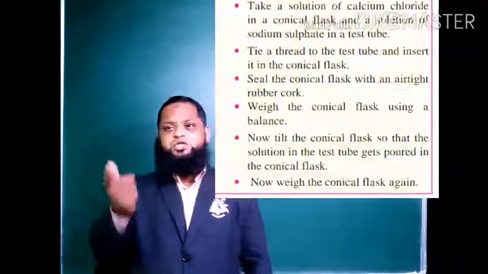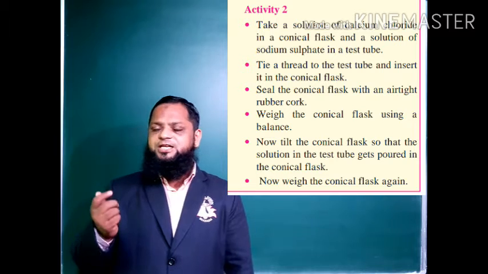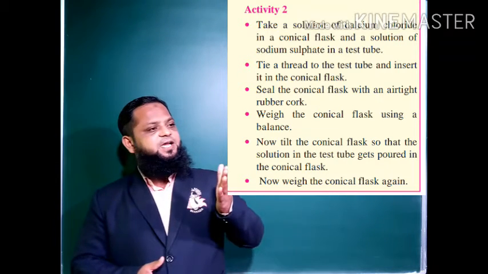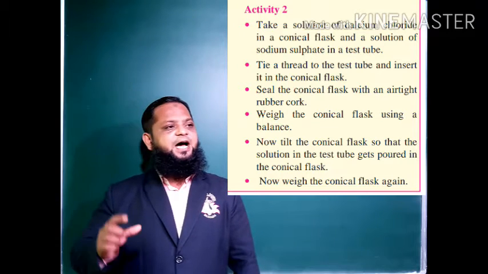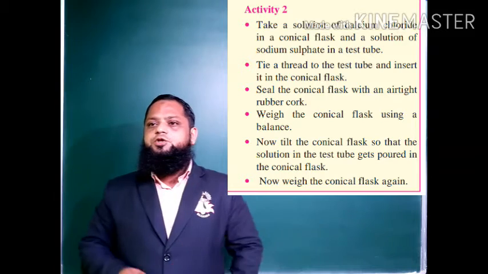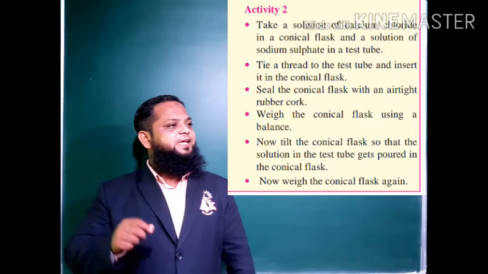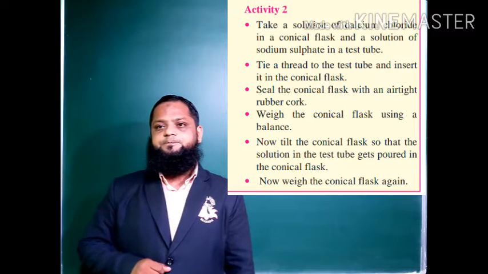Take a solution of calcium chloride in a conical flask and a solution of sodium sulfate in a test tube. Tie a thread to the test tube and insert it in the conical flask.